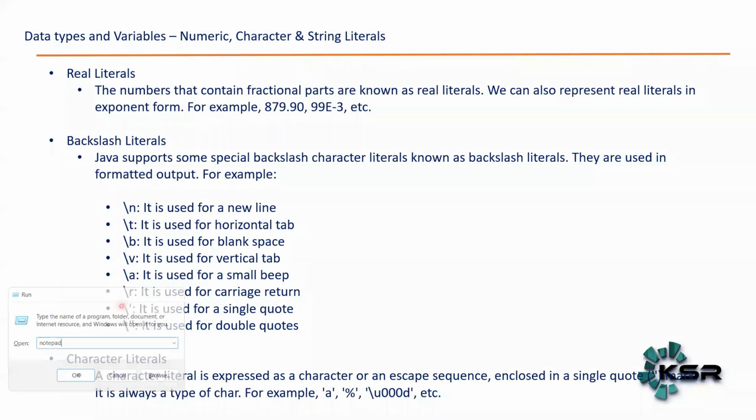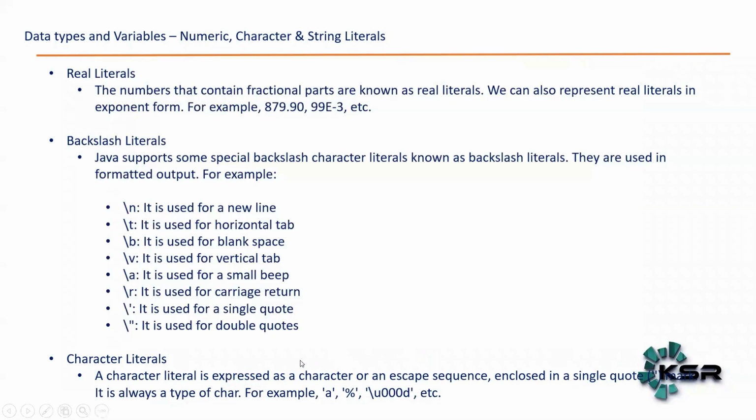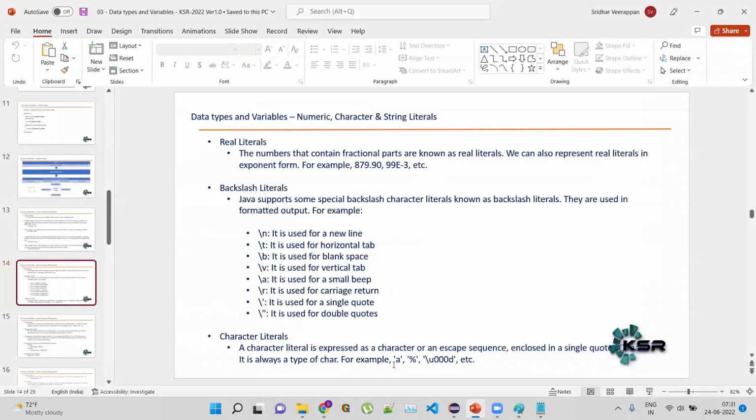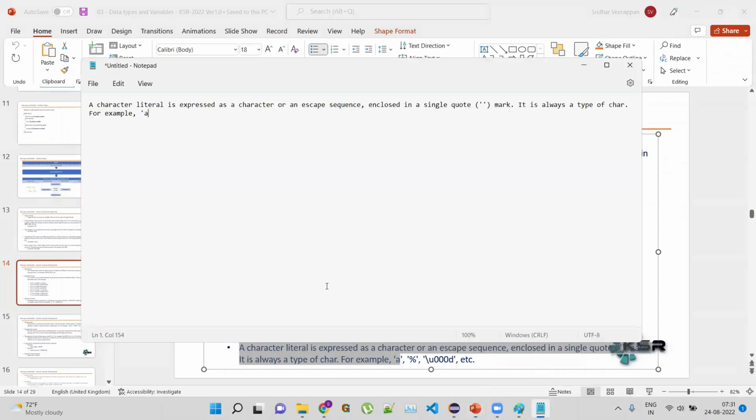Let me give an example of when we will use it. Take this one itself. When Java is trying to read it, till here it goes normally and is able to read it.